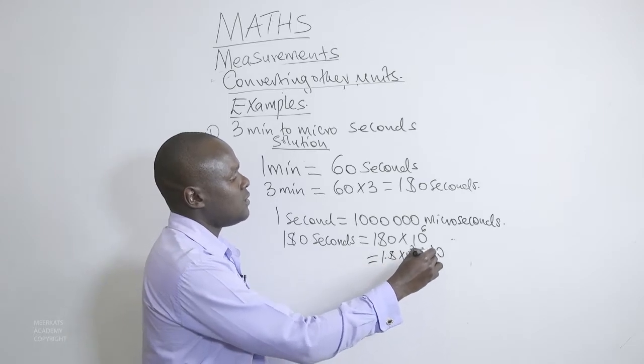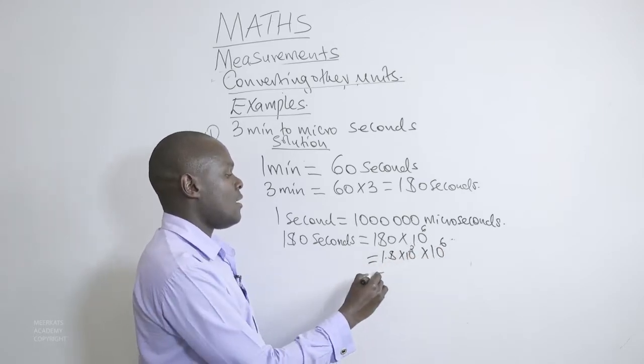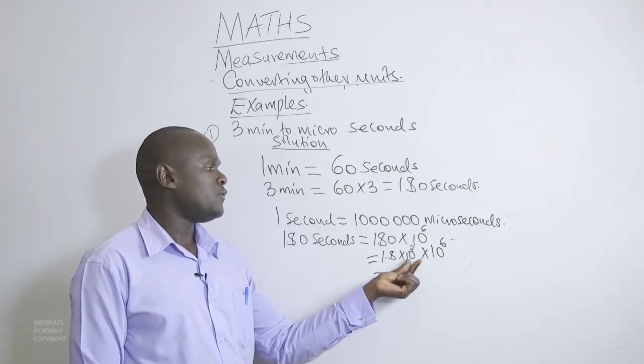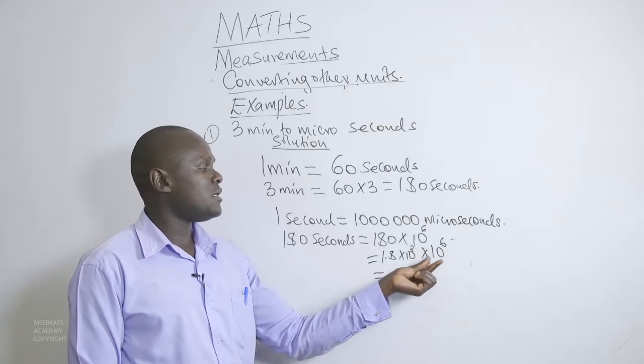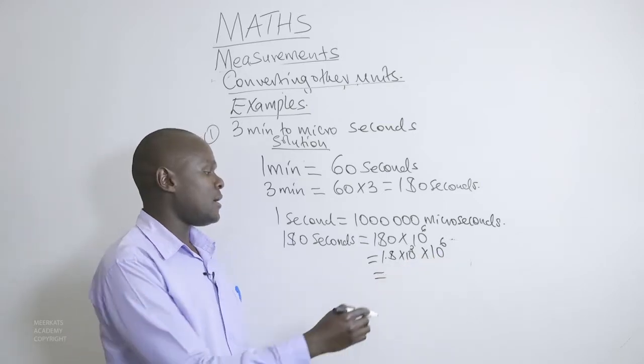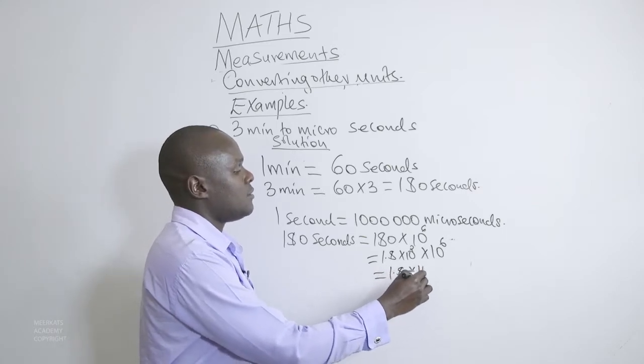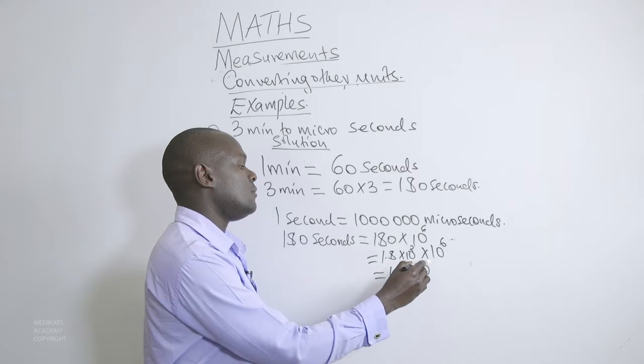Then we multiply by 1 million. From the laws of indices, if you are multiplying two numbers with the same base, you simply add the powers. This will be 1.8 multiplied by 10 raised to power 8.